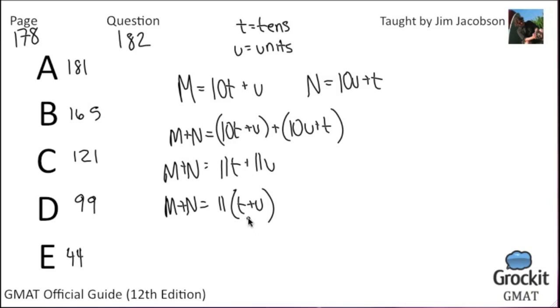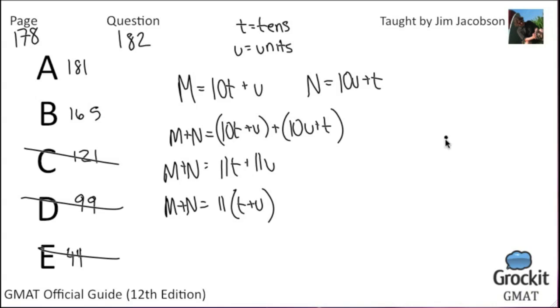So whatever the correct answer choice is, it needs to not be a multiple of 11, because the question is asking which one cannot be the sum of m and n. So right away we can cross off these two guys. 121 is 11 times 11. So we're left between 165 and 181.